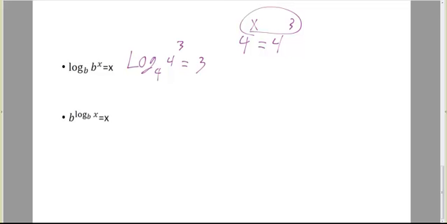The other one is b to the power of log base b of x equals x. So again, we'll have 5 to the power of log base 5 of 6, and this would equal 6 because these are the same. This is actually 5 to the what power equals 5 to the 6th power, and of course this is 6.